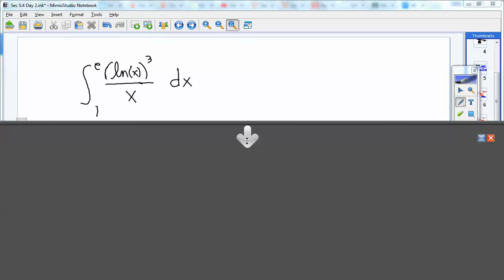Anything? 0 minus... Not 0 minus. B values first. You just want the very end or just one? Very end.